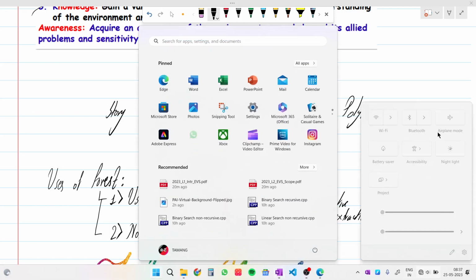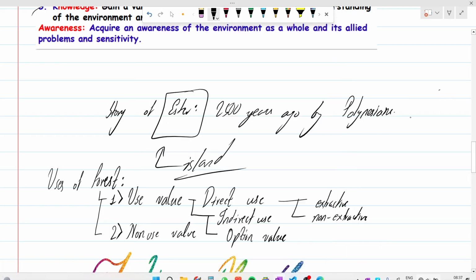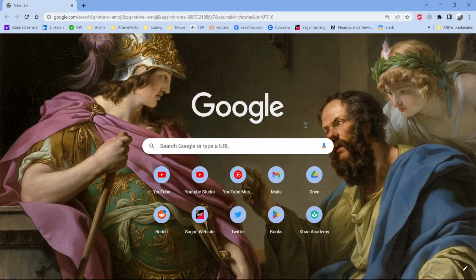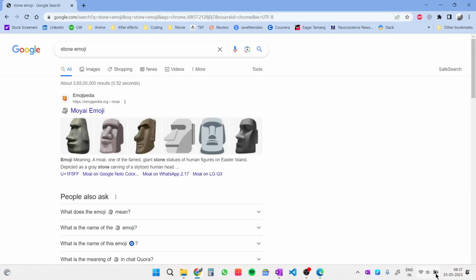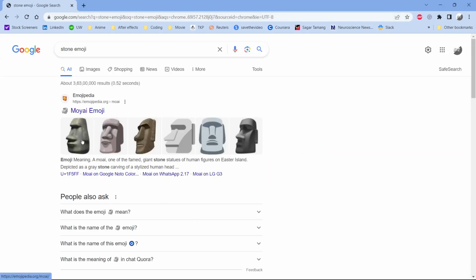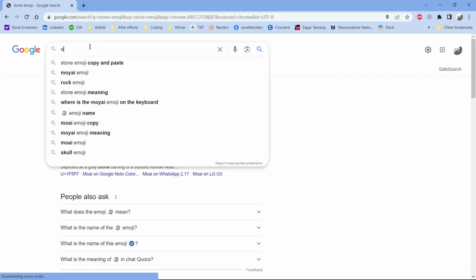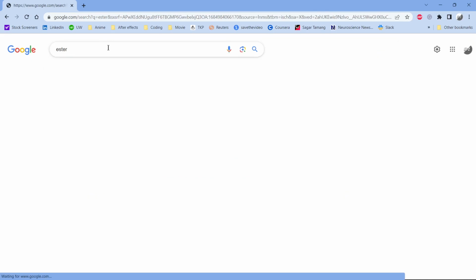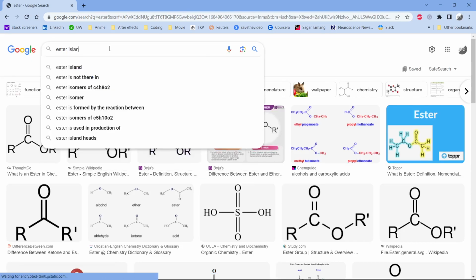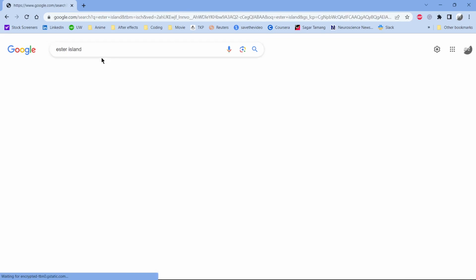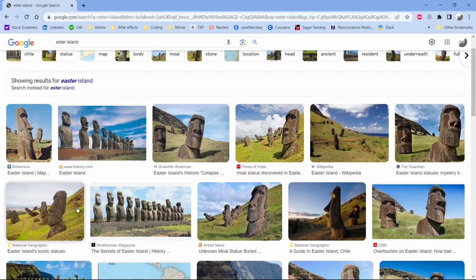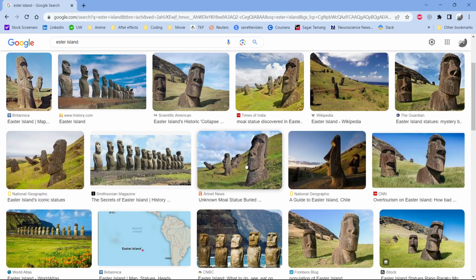So let me search on Google. This emoji is from Easter Island only. Yes, Easter Island.